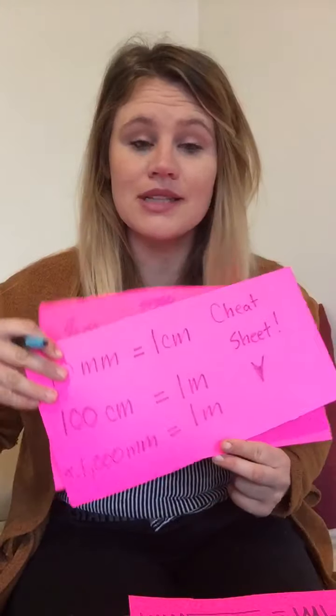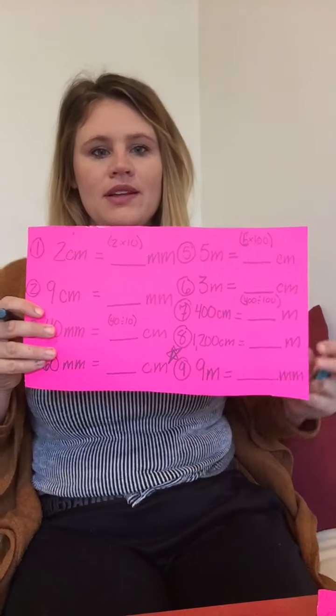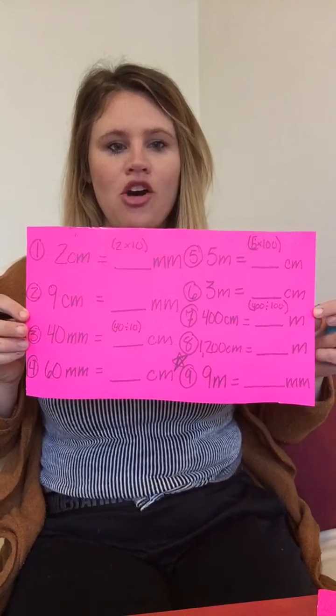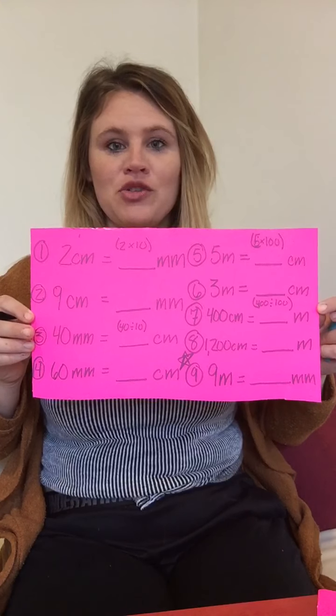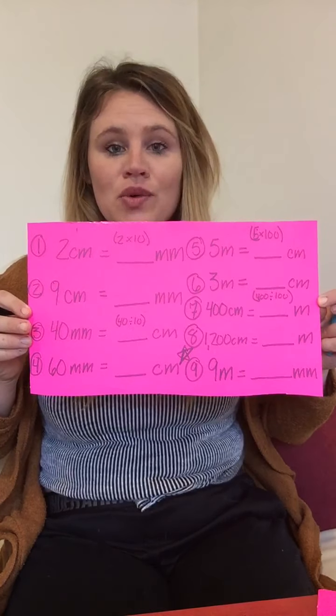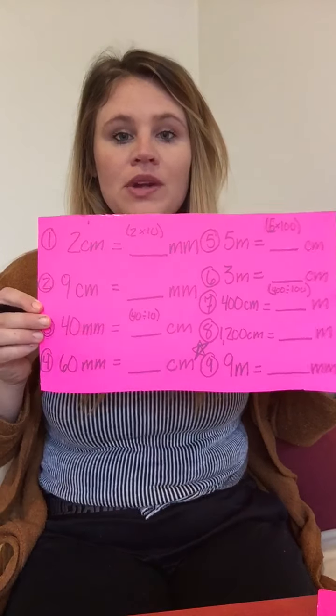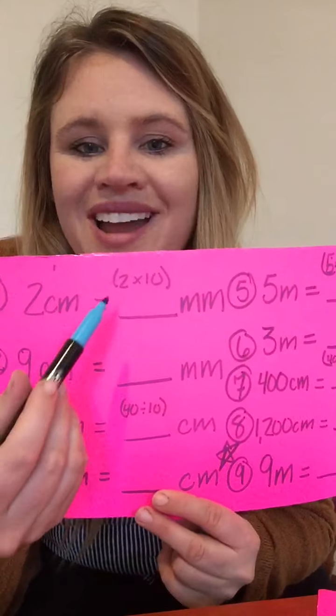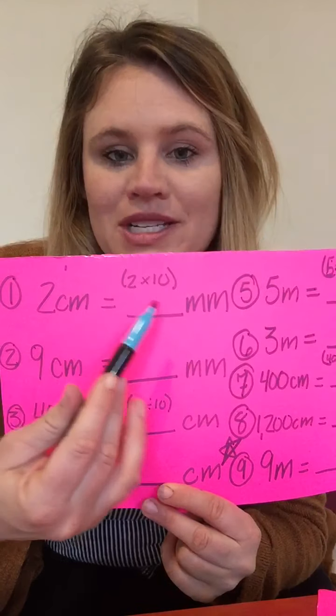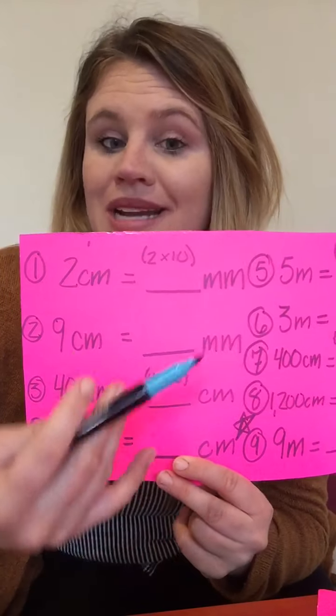So here's going to be your assignment for today. You're going to have 9 problems. I'll hold this here for a second so you can take a screenshot or write them down, whatever's easier for you. So if you look, the first one, I help you out here. I give you what to multiply, but then the second one, I take it away.